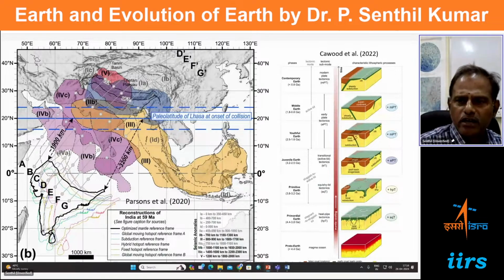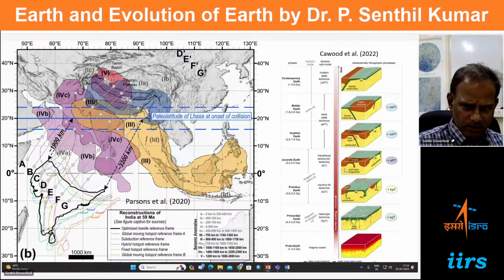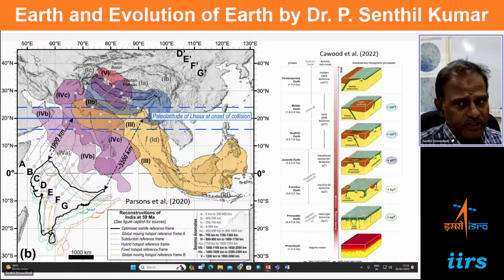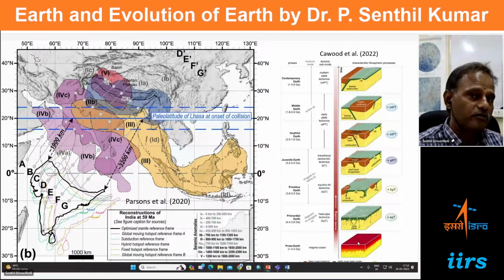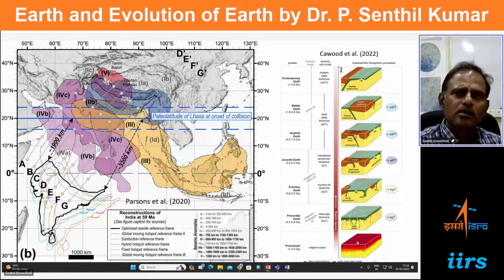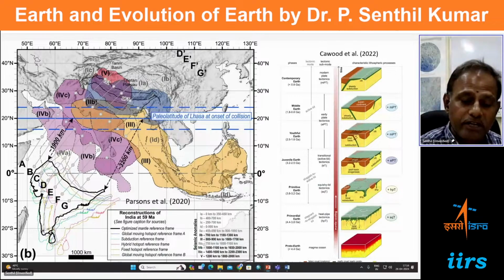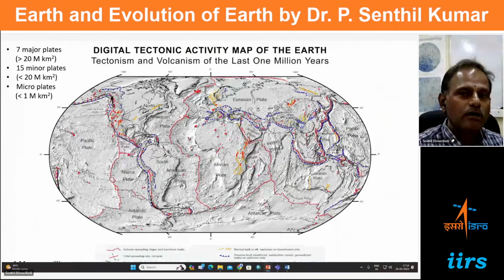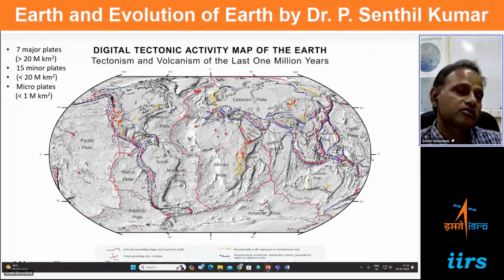So if you see plate tectonics, it starts around 2.5 billion years ago. Some scientists believe that it happened even before, but it was there in some form or other. But plate tectonics became very prominent in the last 2000 million years. This is how the plates are today.